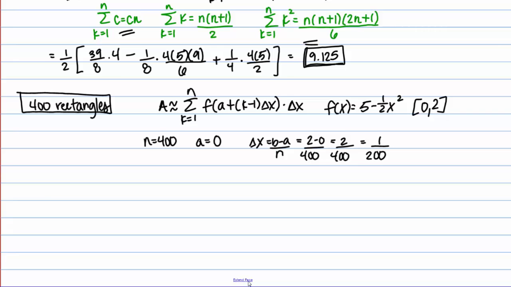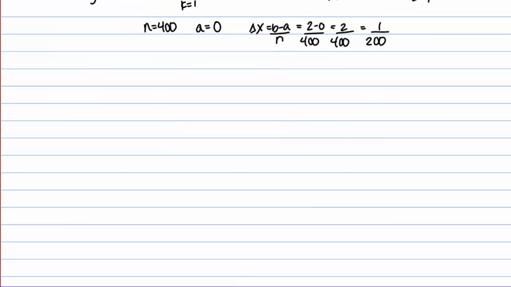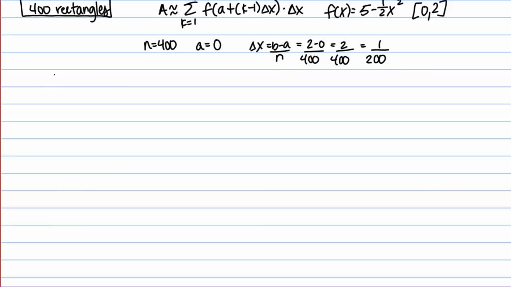Okay, so let's take all of that and plug it in and calculate the area. So I'm summing from k equals 1 to 400, because I have 400 rectangles. And then I have f of 0 plus k minus 1 times delta x, which is 1 over 200. And that's all times 1 over 200. Now once again, this 1 over 200 is a constant multiple, so I'm going to pull that out front.